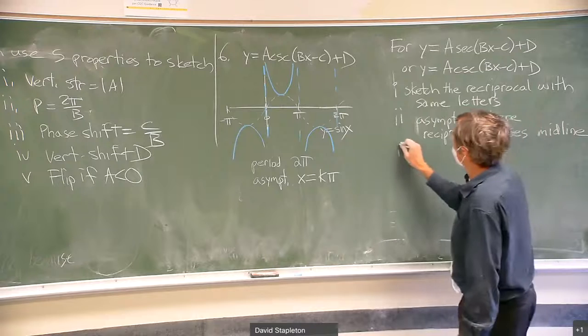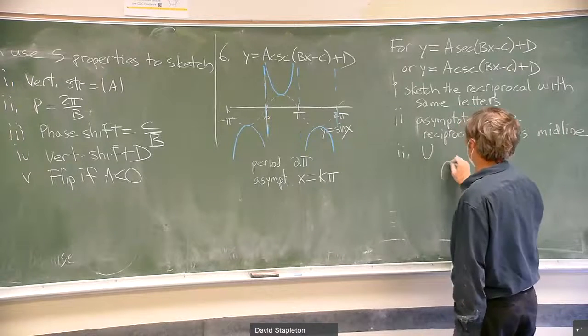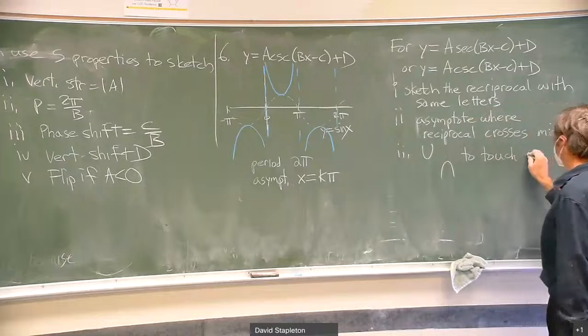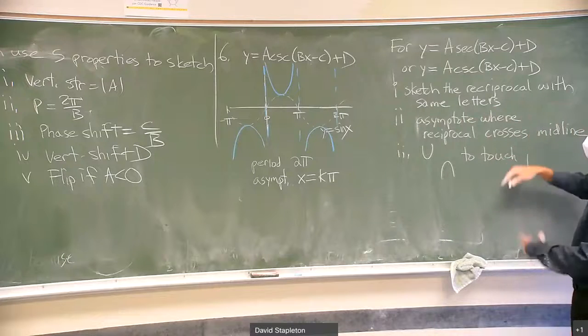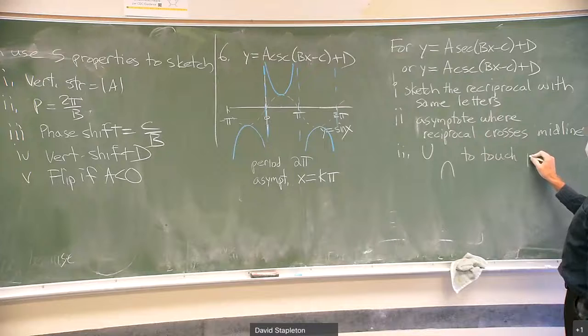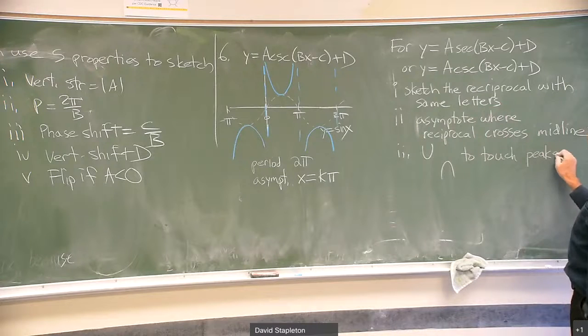And then take this U shape up and U shape down to touch the peaks and valleys. So you draw the sine and cosine and just make this touch the peaks and valleys and put asymptotes at the midlines, you're done. That's all you have to do to sketch secant, cosecant. They're not so hard after all. You just do it with the same letters.